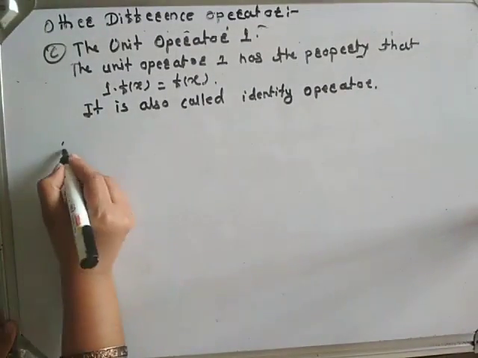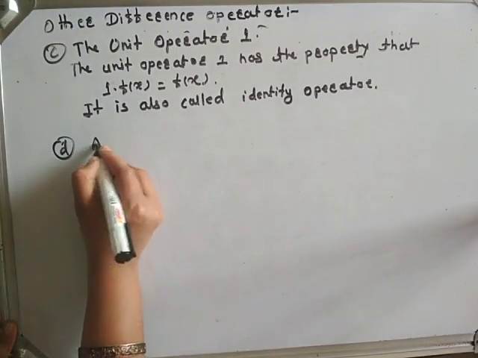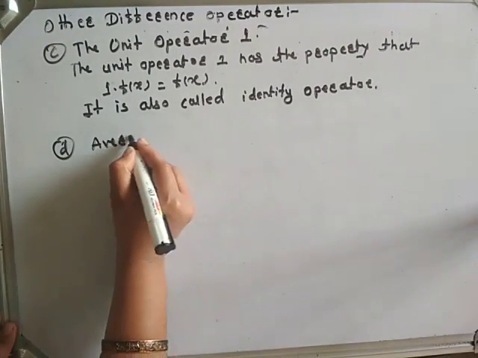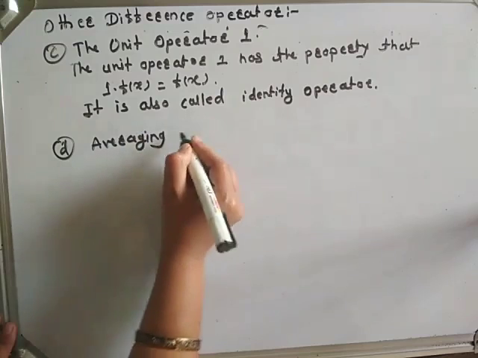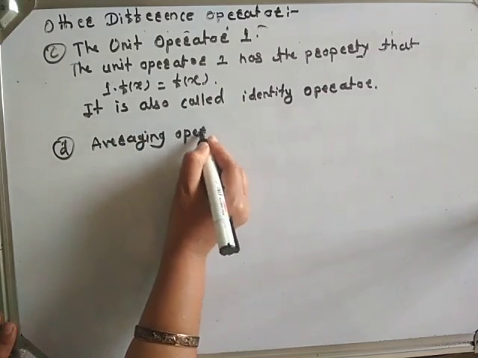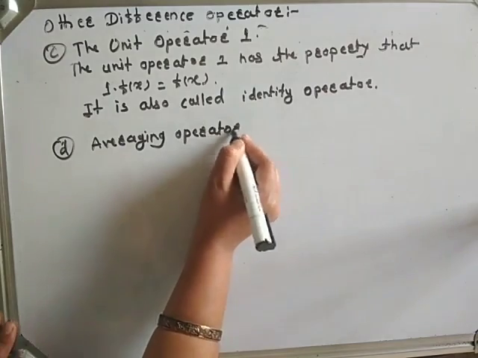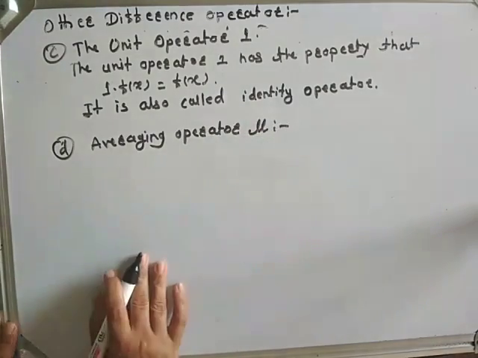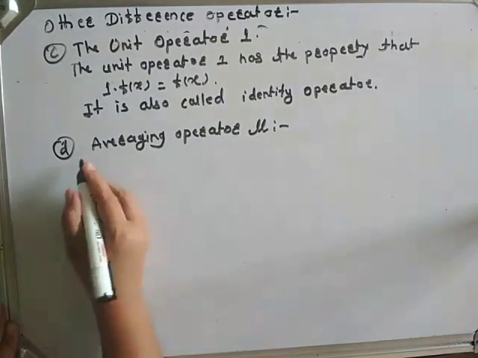Next operator is the averaging operator mu.